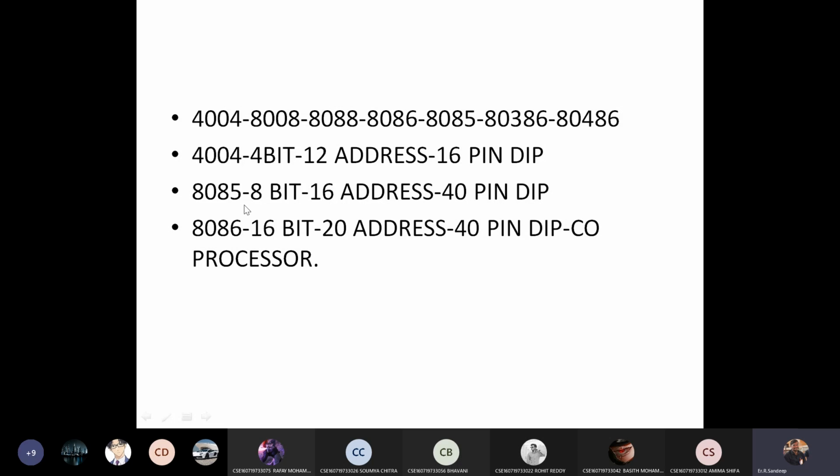Sometimes we may get a 2-mark question on the difference between 8085 and 8086 microprocessor. The major differences are: 8085 is an 8-bit machine and 8086 is a 16-bit machine; 8085 has 16 address lines and 8086 has 20 address lines; whereas 8085 does not support co-processor mode and 8086 does.